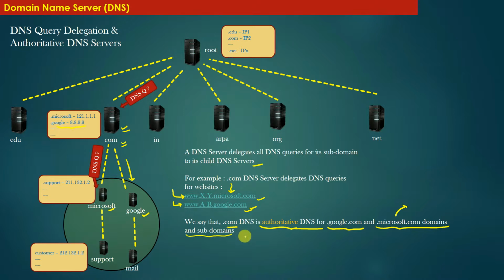So here authoritative means that the .com DNS server is responsible for resolving any DNS query which comes for the domain names google.com and microsoft.com.